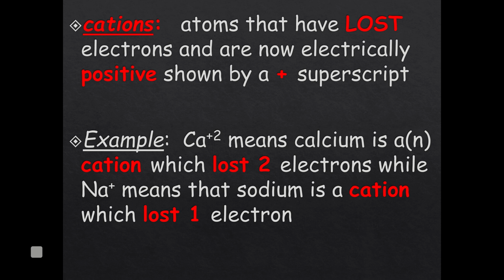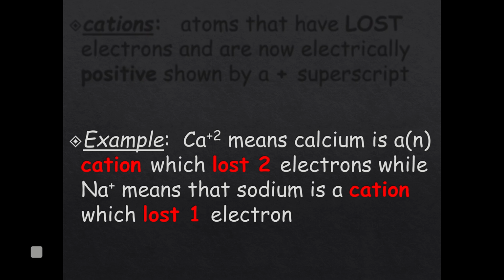All right, so you can see, I guess I'll get rid of that so you don't see it. We have calcium, and you see a +2 written almost like an exponent on it. What this means is calcium has a +2 charge, which means since it's positive, it must have more protons than electrons.